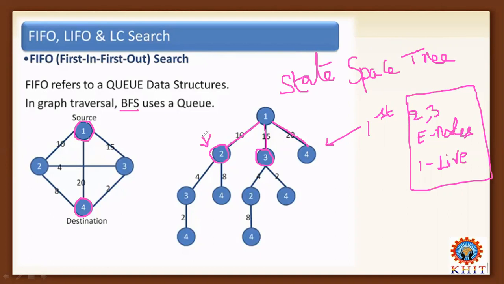Now you can consider node 2 as a live node. What are the possible ways of moving from node 2? From node 2, how many possible ways are there?